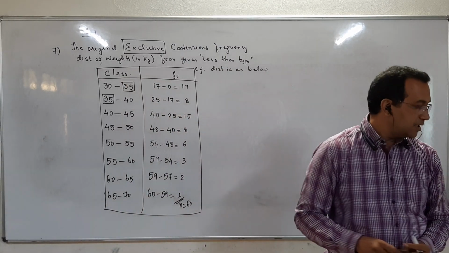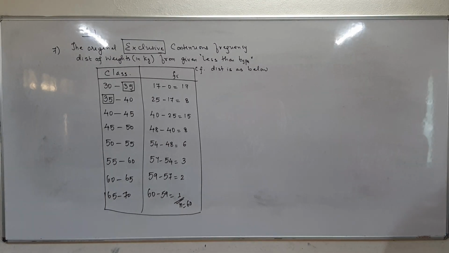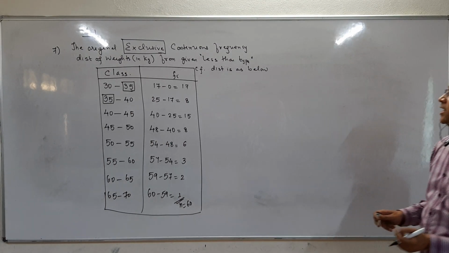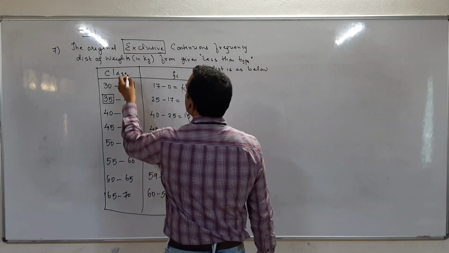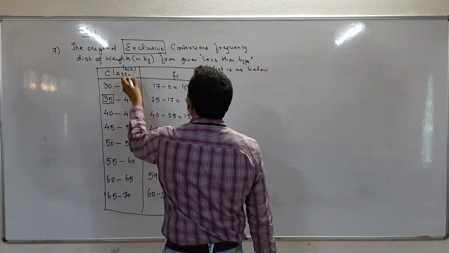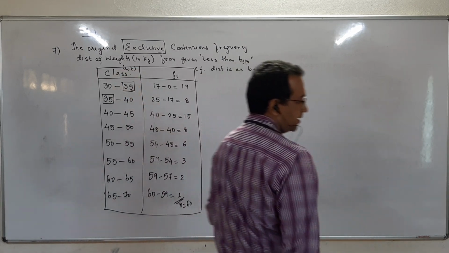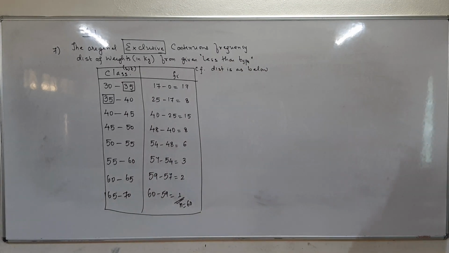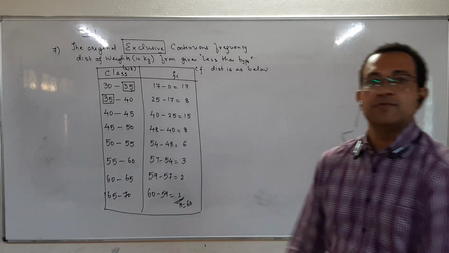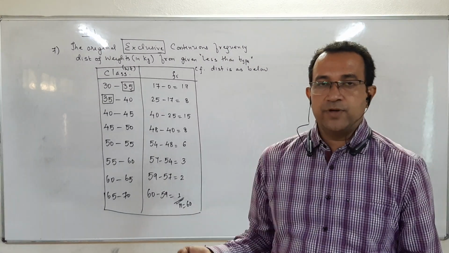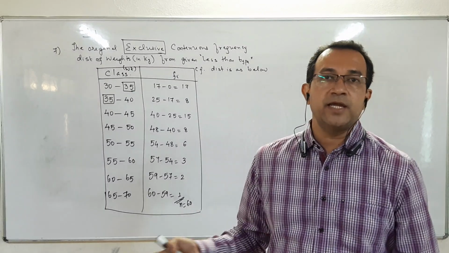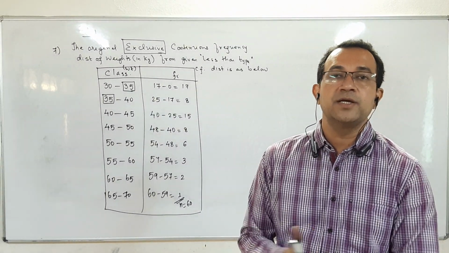These classes, students, are definitely for weights. And Fi will definitely be the number of items less than a weight, but the weight of what is not given. So students, we cannot specify what Fi refers to. These could be weights of a person, an item, or an instrument.